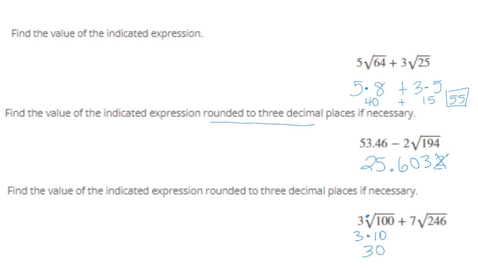So what I'm going to do then in my calculator is type 30 plus 7 times, which looks like a little asterisk when you see it on your screen, and then I'll hit my square root of 246. So here I go. I'm going to clear it out. 30 plus 7 times second x squared to get the square root, 246.